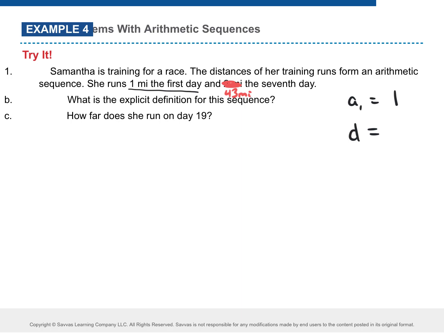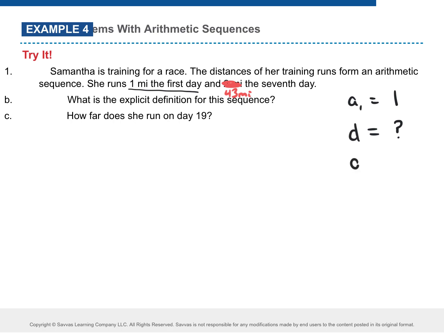Do we know what the difference is? Yeah, it's 43. 43 tells us how far she ran on the 7th day. But do we know what's happening every day? Or how much more she's running every day? We don't. Okay, so really we are trying to find what our difference is. The other information they gave us, though, do you agree is the 7th day?